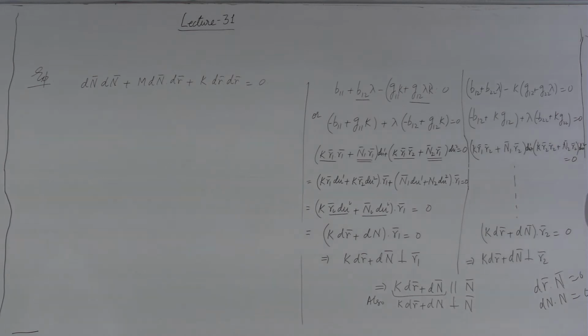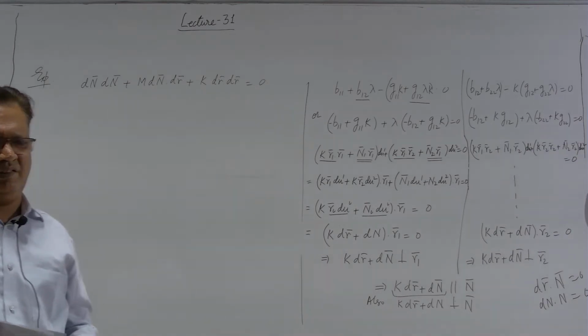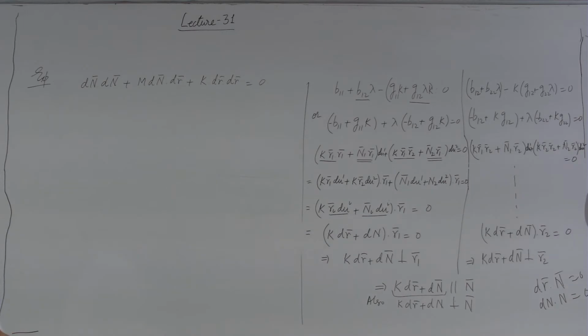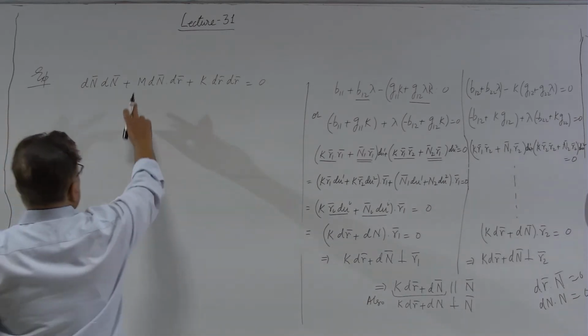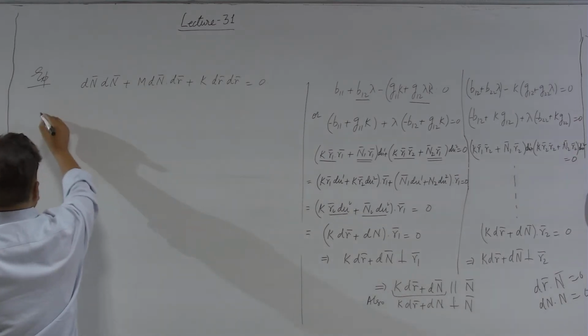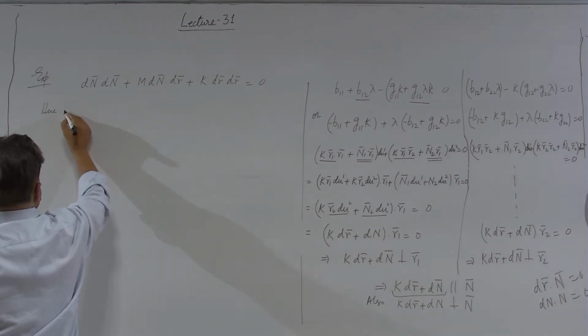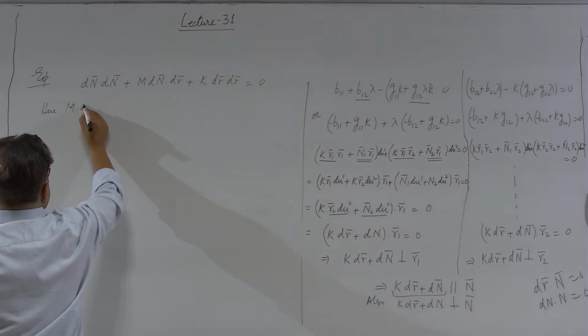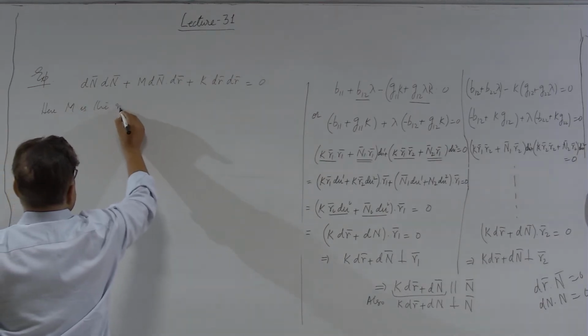M here denotes the mean curvature. We discussed the mean curvature. The sum of the principal curvatures is known as the mean curvature. Usually, it is denoted by the symbol m. So, here m is the only unknown quantity. So, here m is the mean curvature.